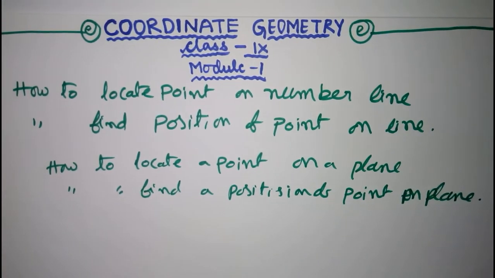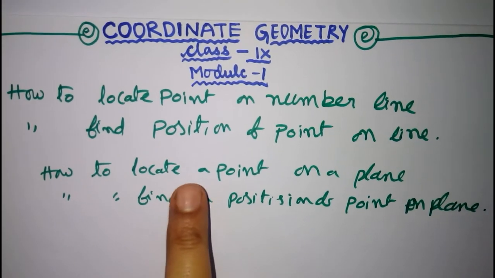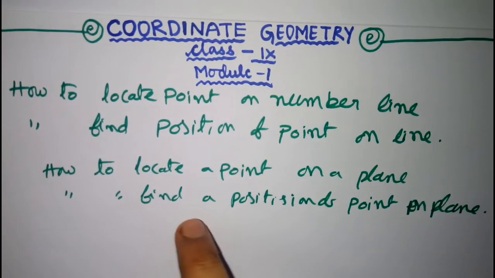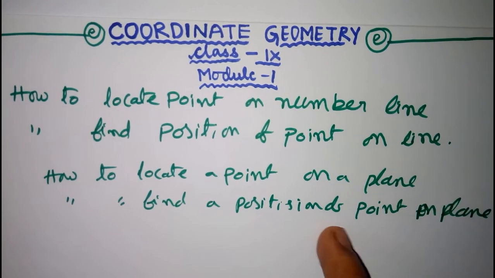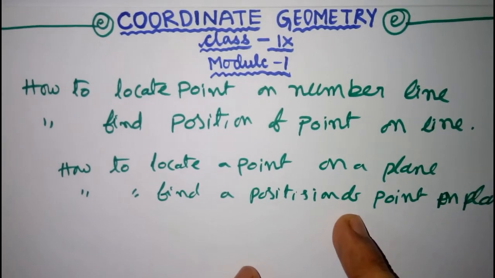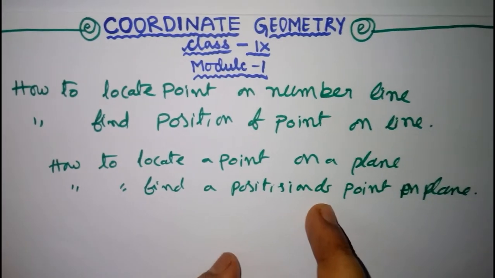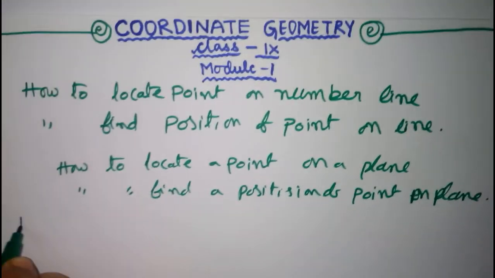So here in this chapter we are going to learn how to locate a point on a plane and how to find the position of a point. So first, let us consider example 1.